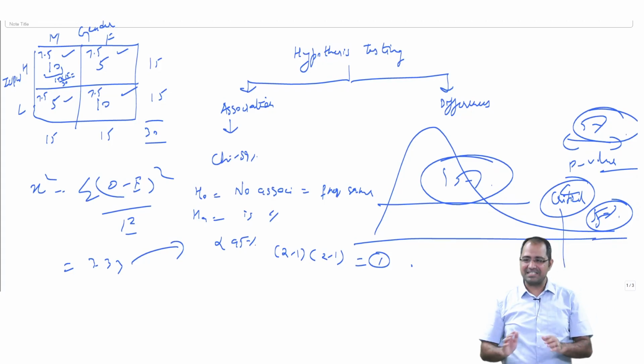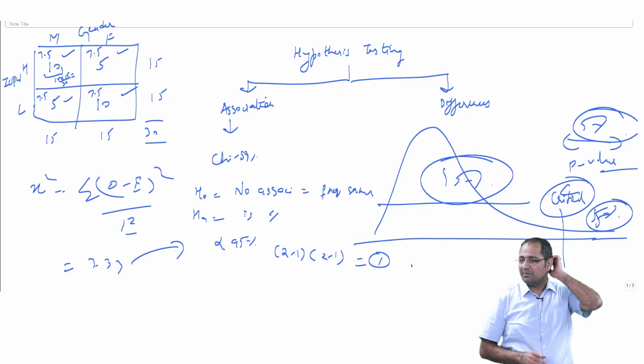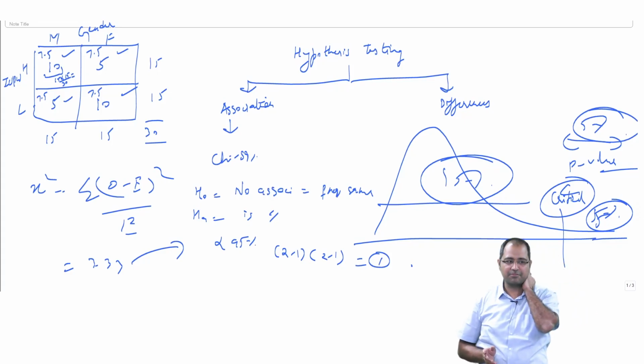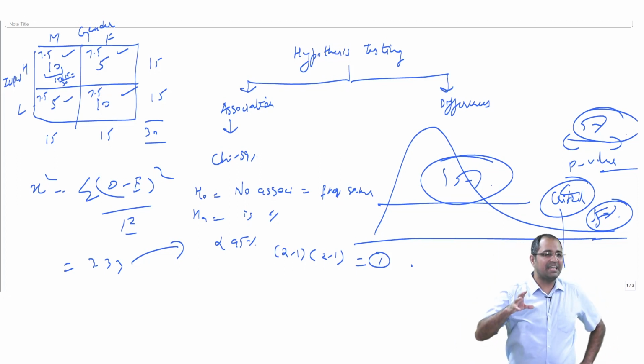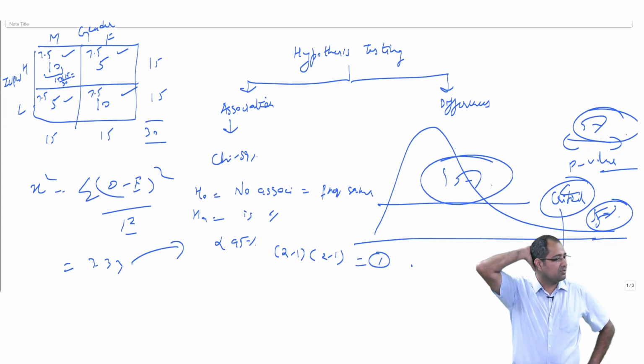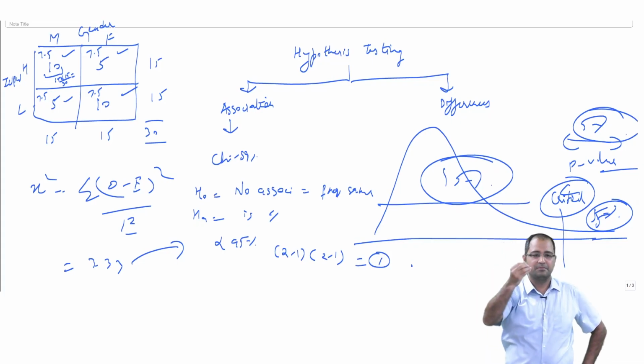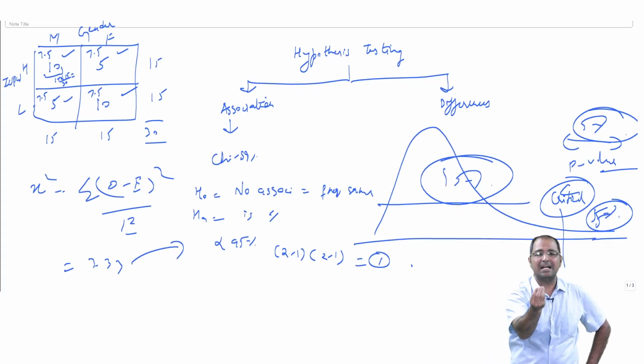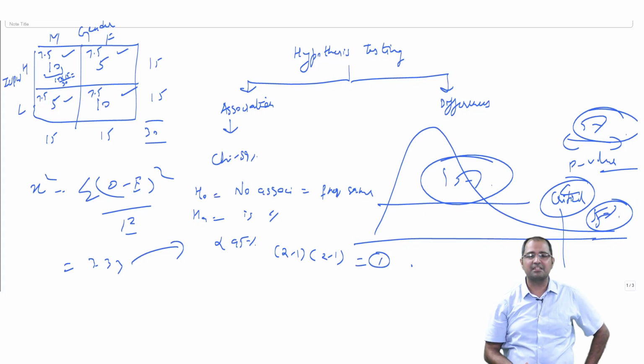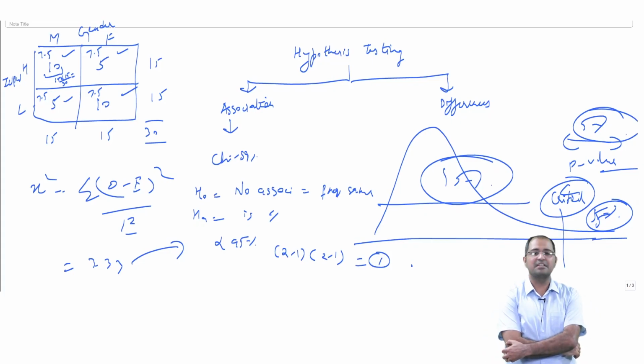We will take it in a clearer way when we move to the sampling distribution in the t-test. It might become a little clearer if there is some confusion here. So do you understand the idea of p-value and critical value? Simply, we assume that H0 is correct, which means in the population there is no association.